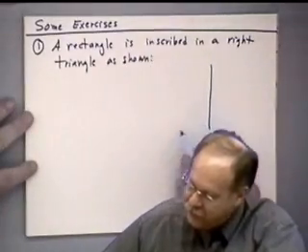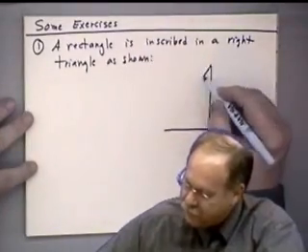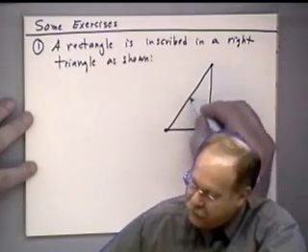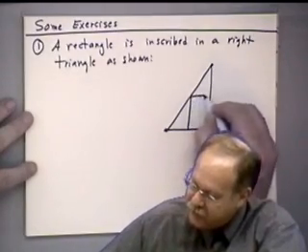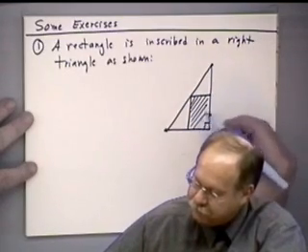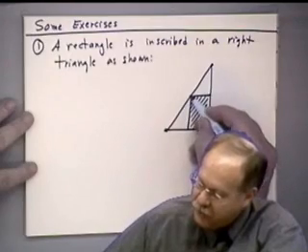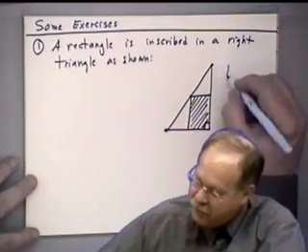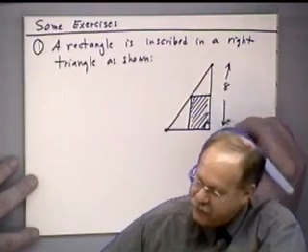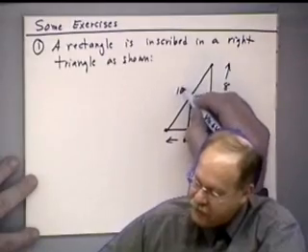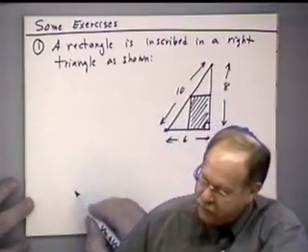So I have here a right triangle, and we are going to inscribe a rectangle in this form so that a corner of it here is in the right angle corner, and one corner up here touches on the hypotenuse. Now let's suppose that this triangle is 8 in this direction, 6 in this direction, and 10 along its hypotenuse.